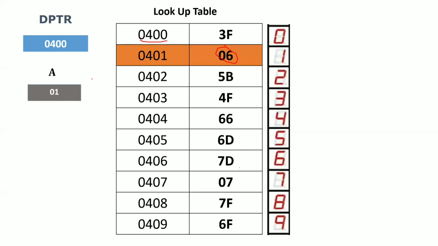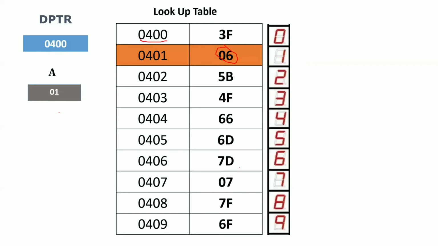Please concentrate for 2 minutes, and you will be able to understand this program better. Whenever I want to display 1, I need to get its address. So for that I initialize DPTR with 0400, and whatever value I want to display, I put that simple digit inside your A register.